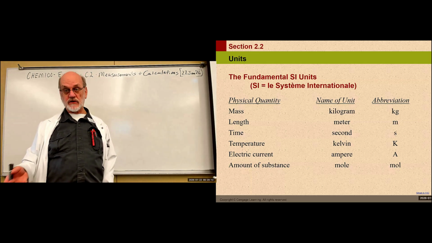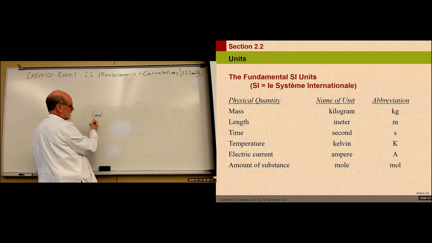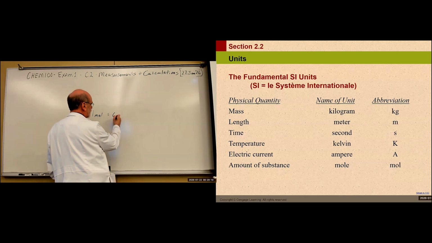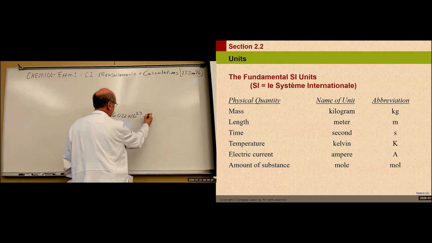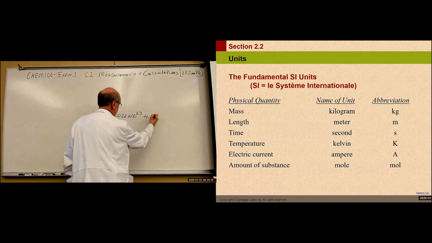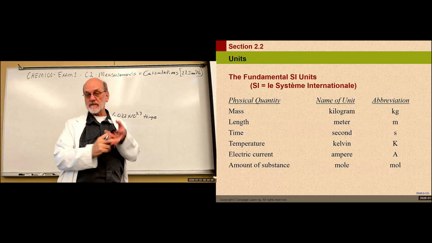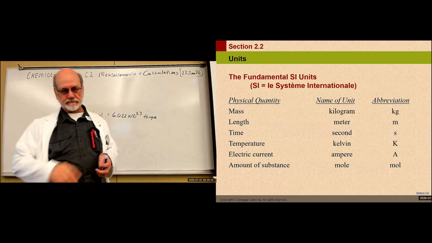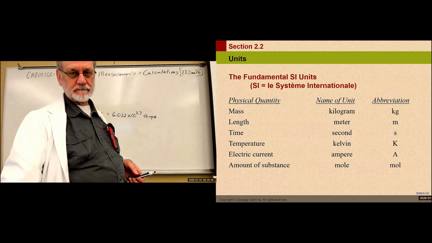It's a very large number. 1 mole, the abbreviated form, equals 6.022 times 10 to the 23rd things. For our purposes, that could be atoms, molecules, ions, usually. And there'll be more to say about that later.